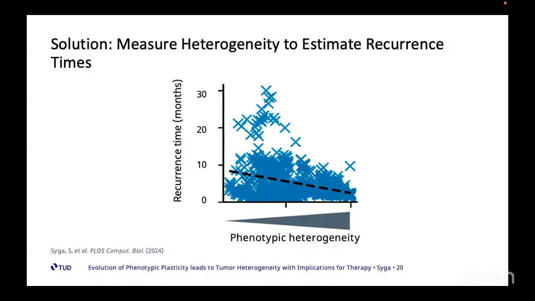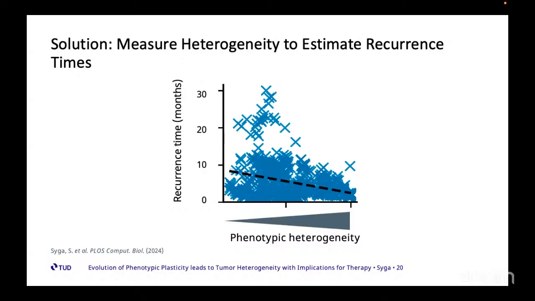So basically, you just have the growing and migrating cells, and you can take some measure for heterogeneity like entropy. And then you see that there is some correlation. Of course, it's very noisy, but this is not surprising because I also varied the death rate here. Obviously, if you have death rate 0 and death rate is quite high, then there will be a large variability. But still, there's a clear trend that higher phenotypic heterogeneity means worse outcome.